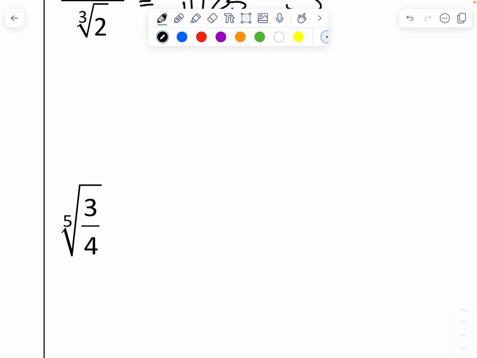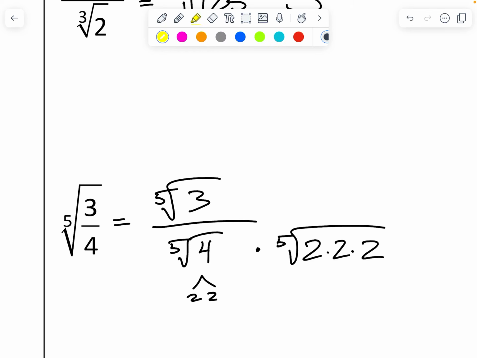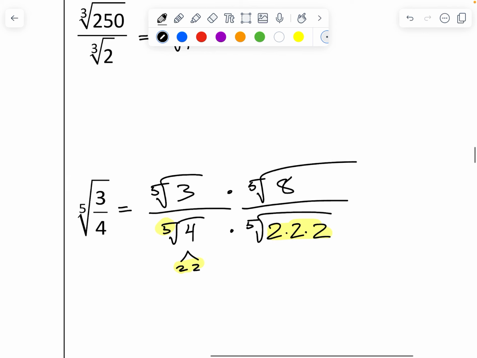The fifth root of 3 over 4. Let's write that as the fifth root of 3 over the fifth root of 4. Now 4 is only 2 times 2. So I need 3 more 2's to get to 5. If I multiply the denominator by that number, I should also multiply the numerator by that number.